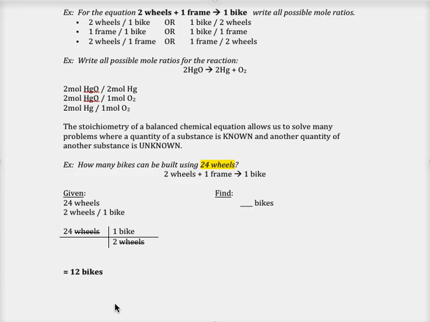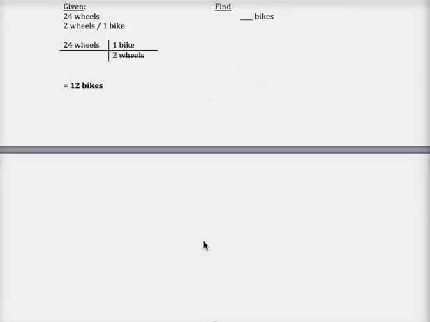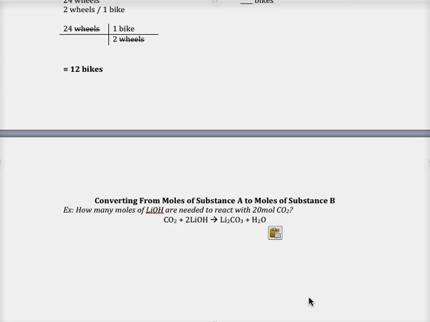All right, so let's try an example using some actual chemistry. In this example, we're going to convert from moles of substance A, and it could be any substance, to moles of some other substance B. So in this example, it says, how many moles of LiOH are needed to react with 20 moles of CO2? 20 moles of CO2 is what I'm given.